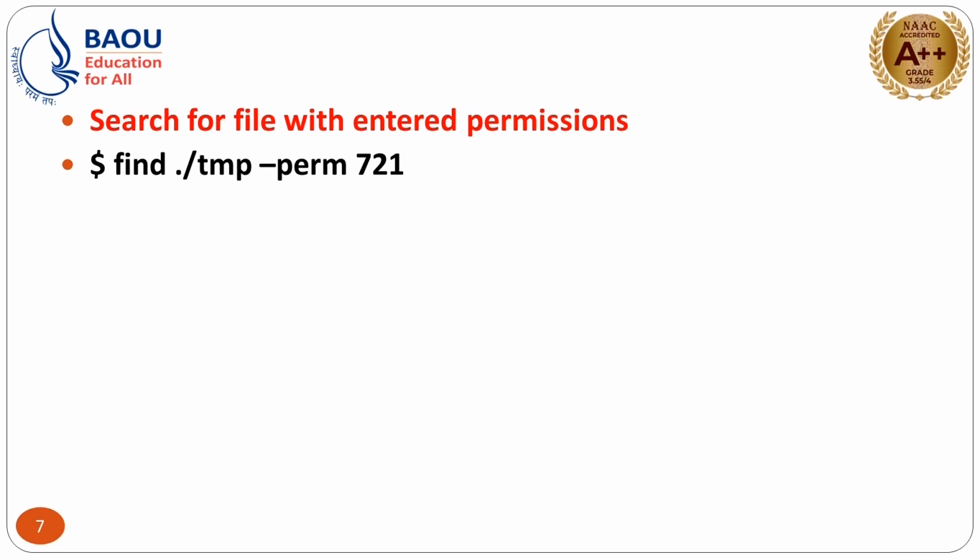Now 7, whose binary equivalent is 111, 2 is 010, and 1 is 001. That means all 3 digits represent permissions, that is RWX. So the first 7 is 111, so the user has all 3 permissions R, W and X. The second, 2, binary 010, means read permission is not assigned, write permission is assigned, and execute permission is not assigned to the group.